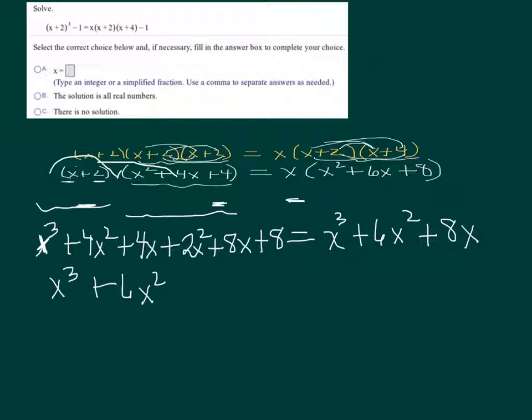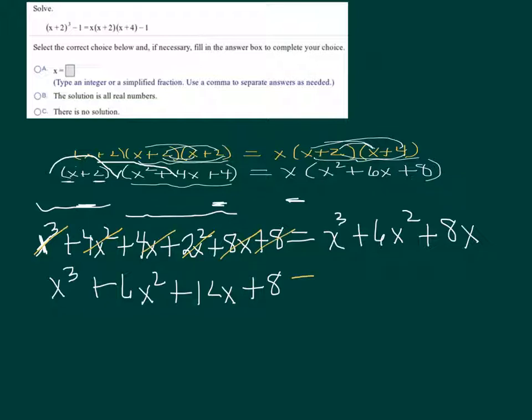I'm going to cross some things out so I don't forget anything or use anything twice. And that's a good habit to get in, you guys. Plus, looks like 12x plus 8. Okay? So I use those, and I use that one.